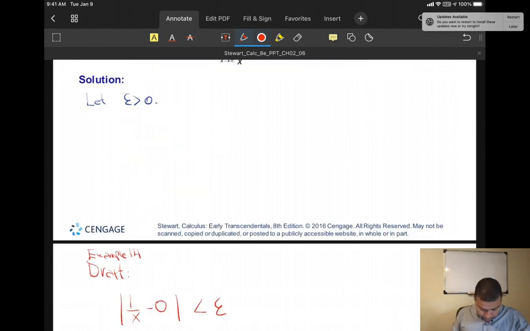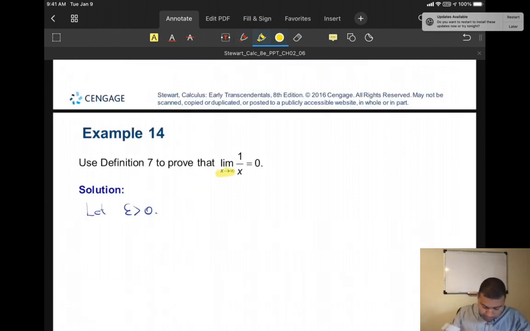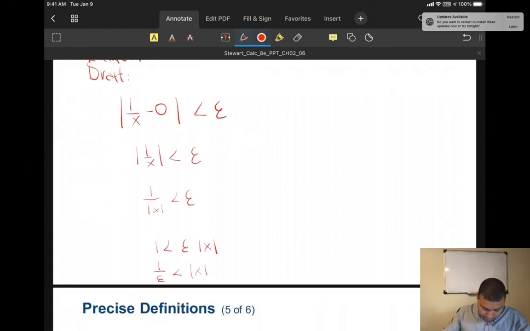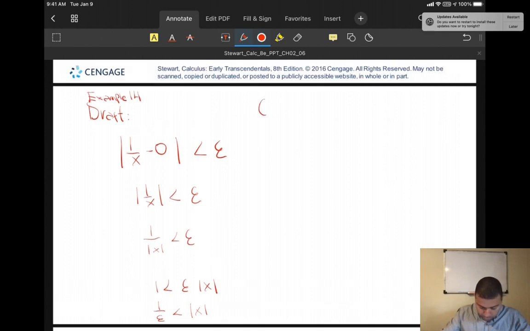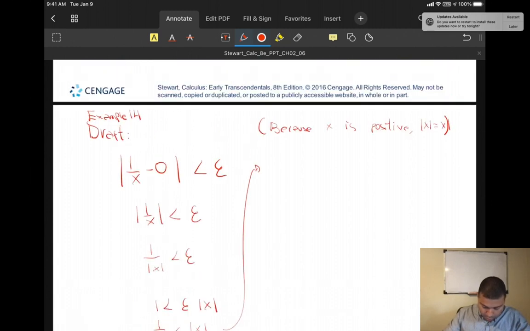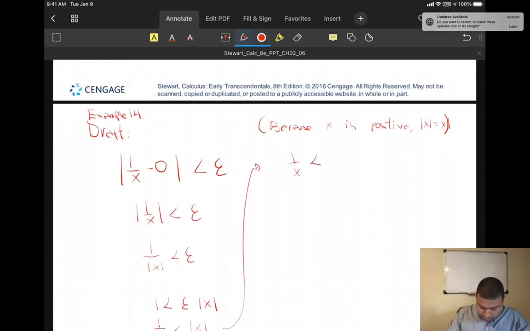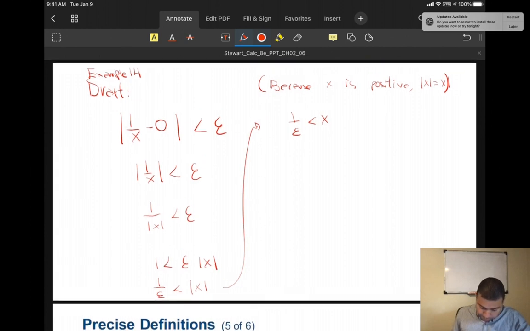And I'm looking at x going to plus infinity, right? Positive. So the absolute value of x is x, because x is positive, and that's true because x is going to plus infinity, so it's getting larger and larger with a positive sign. So that means to say that 1 over epsilon has got to be less than x, right?